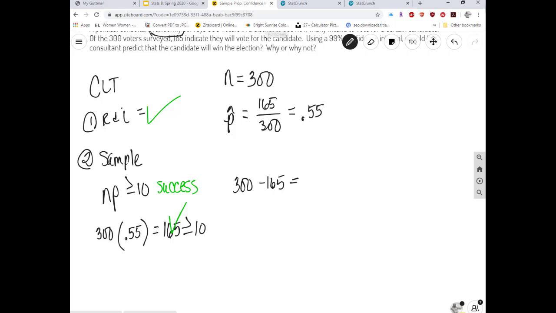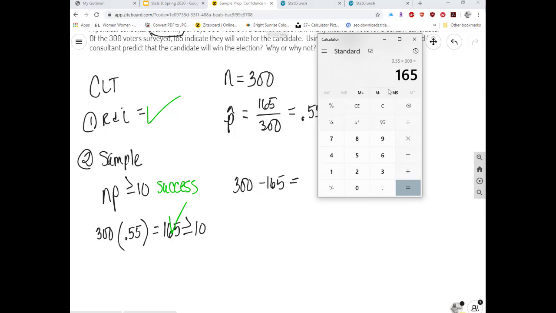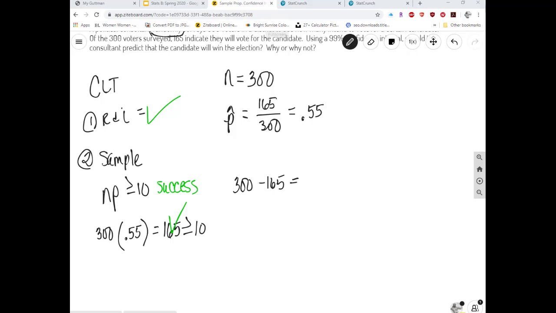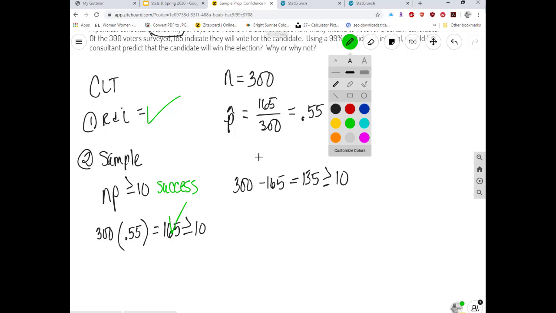If I put that into my calculator, I get that 135 will not vote for the candidate. So 135, is that greater than or equal to 10? It is. Here I just subtracted the successes from the total to get the failures.